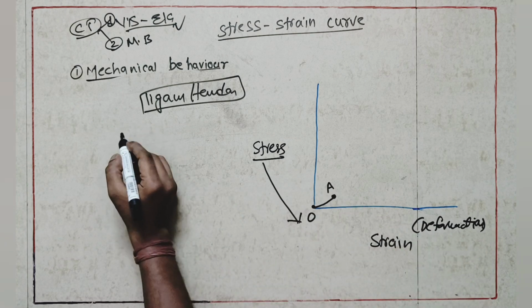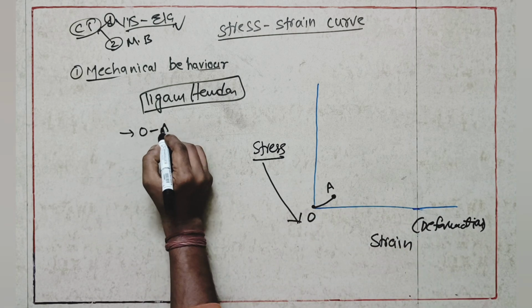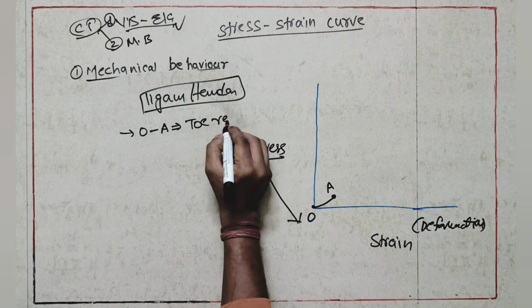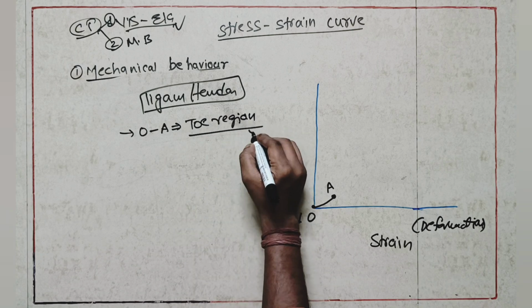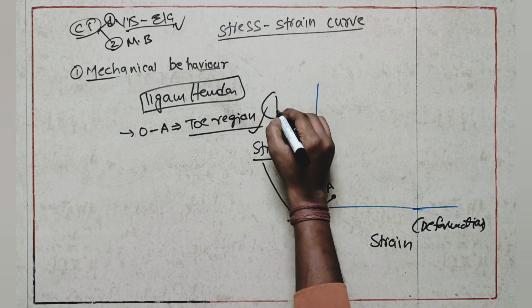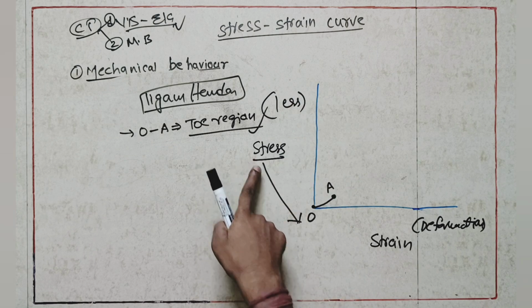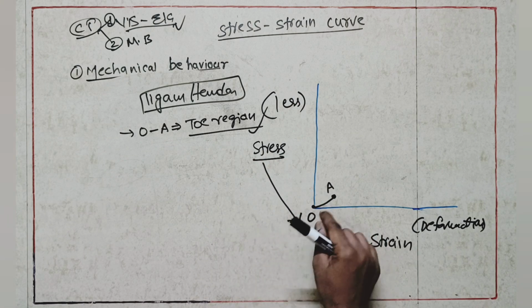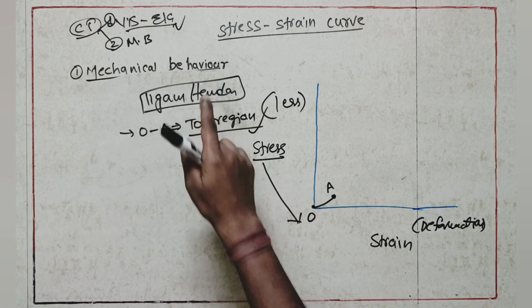So here 0 to A is nothing but the toe region. What it means is that here we need less stress to stretch the ligament or tendon.